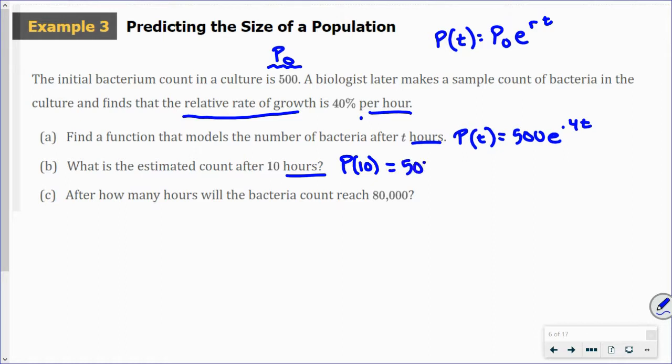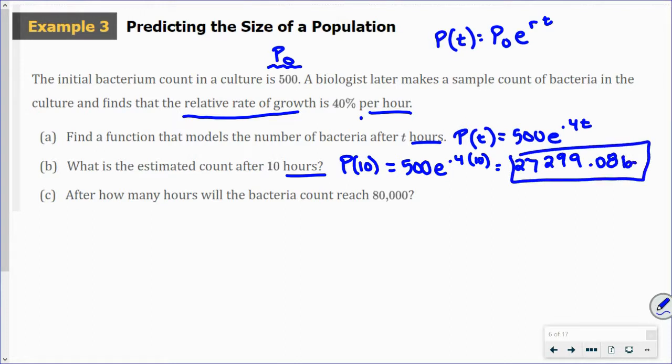So it's 500 e to the 0.4 times 10. Calculator, type that in. You get about 27,299 bacteria. And you can put decimals if you want.